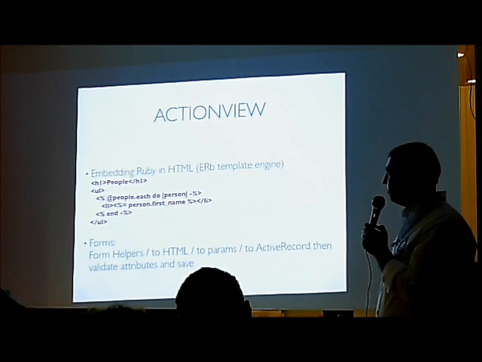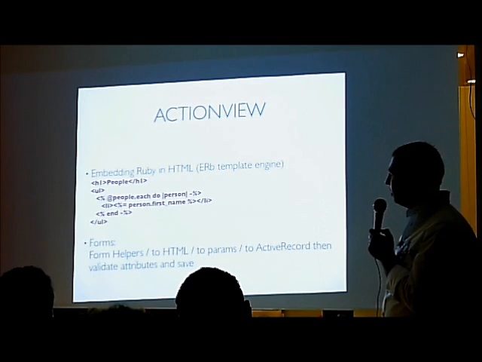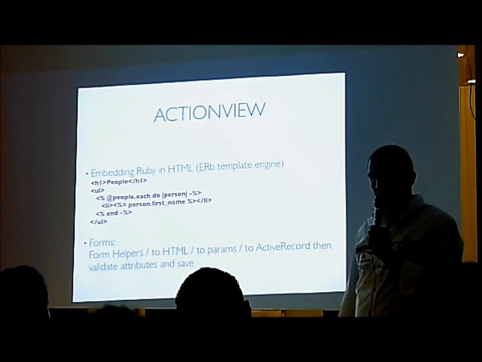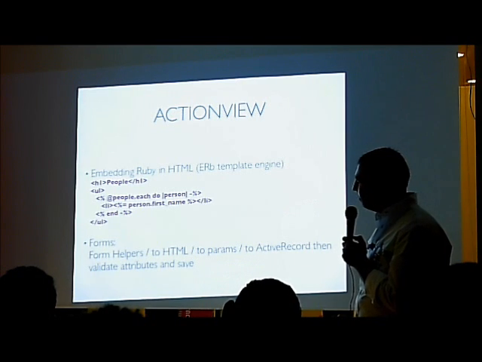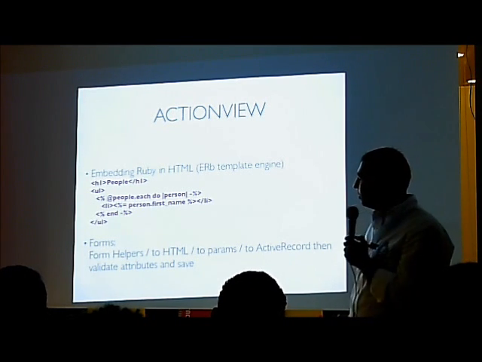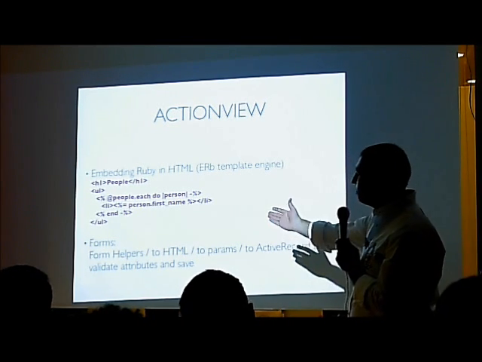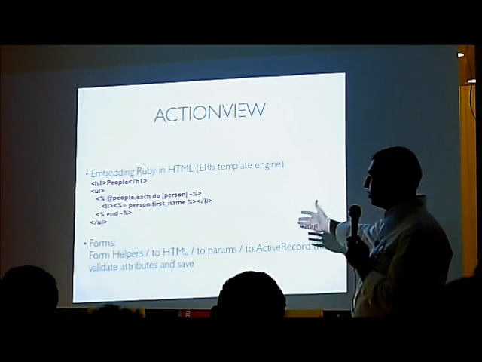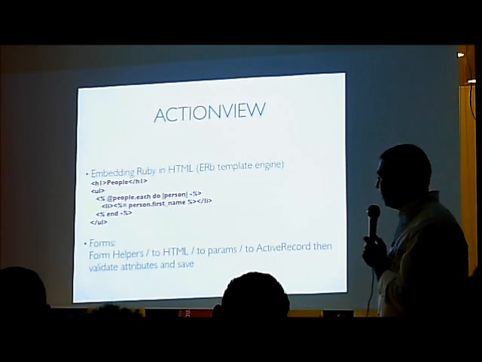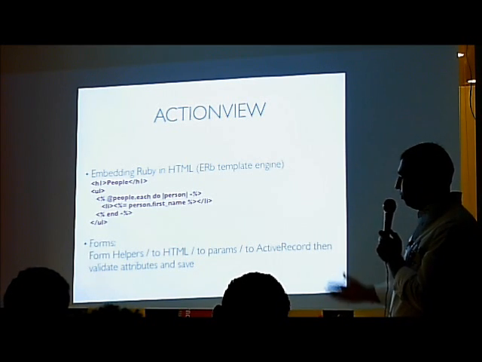Another one is Action View. So this is how ERB looks like, embedded Ruby, like we saw earlier in the views. So this is basically a list of people, and there's a loop. You can see people, each person, unless the first name. And there are also the forms.